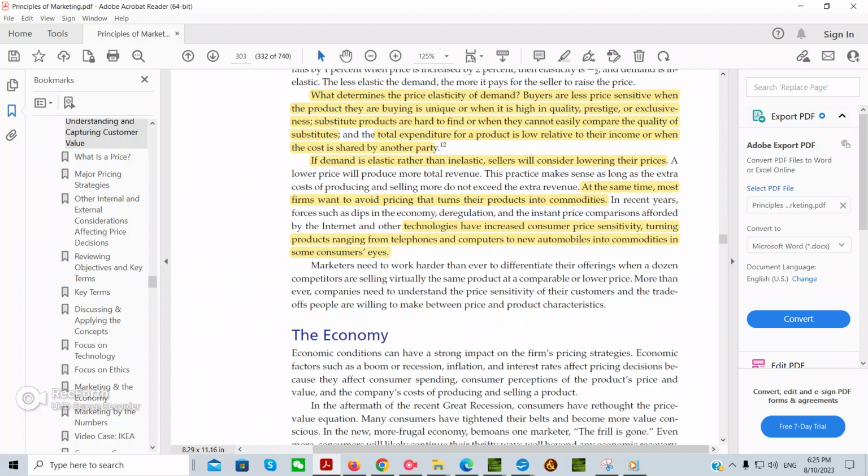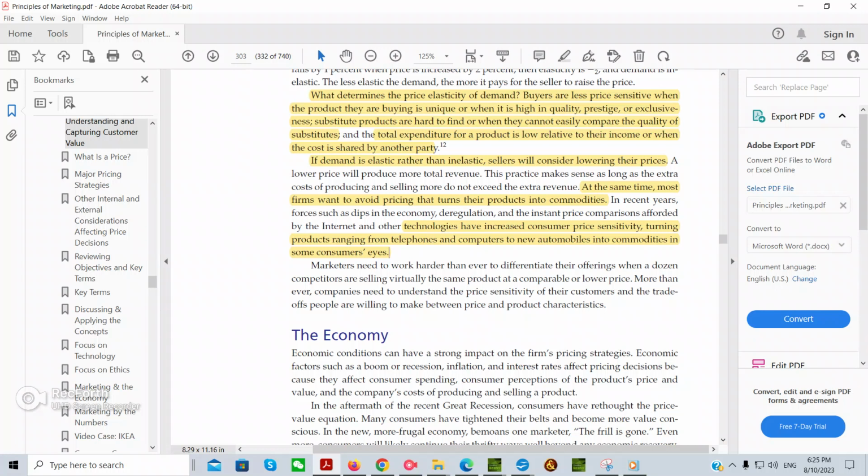So when you turn something into a commodity, it often becomes a one-time purchase. When something's a one-time purchase, that means the price declines because the demand declines.